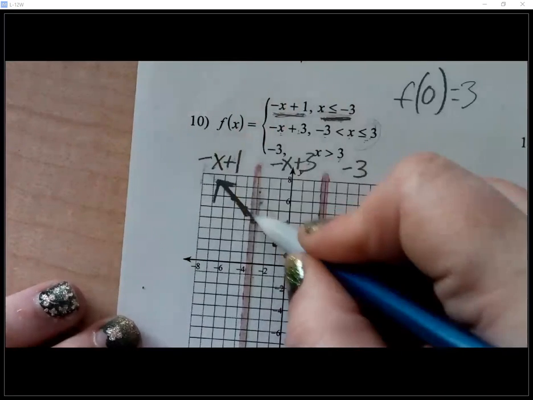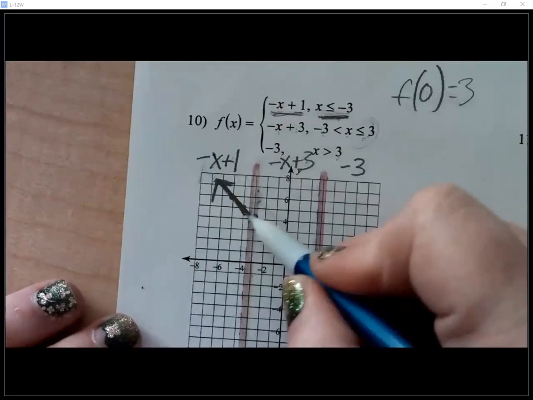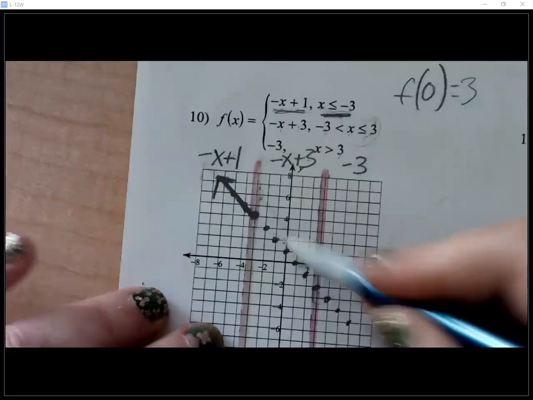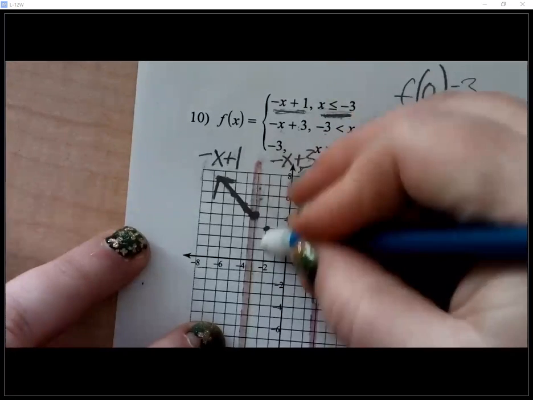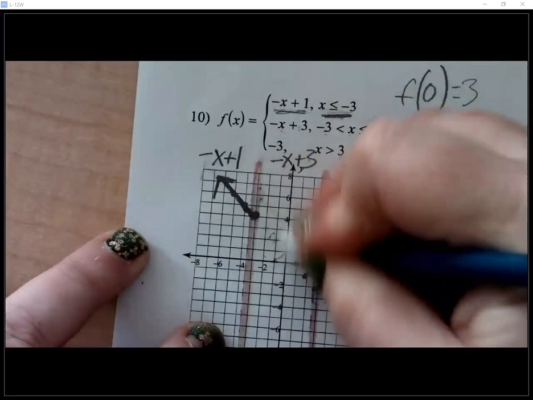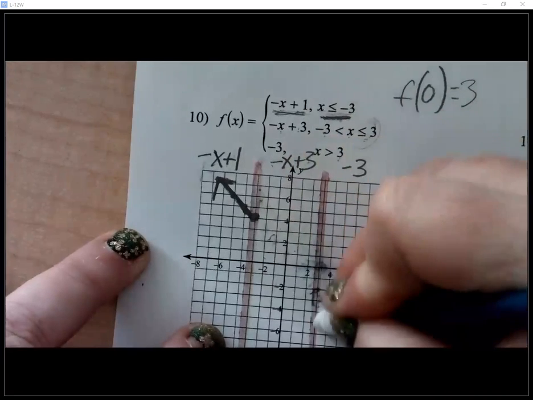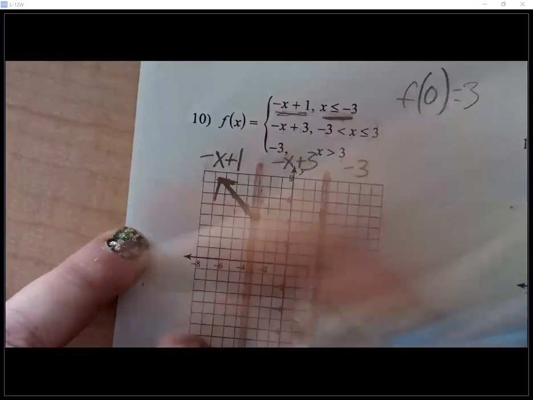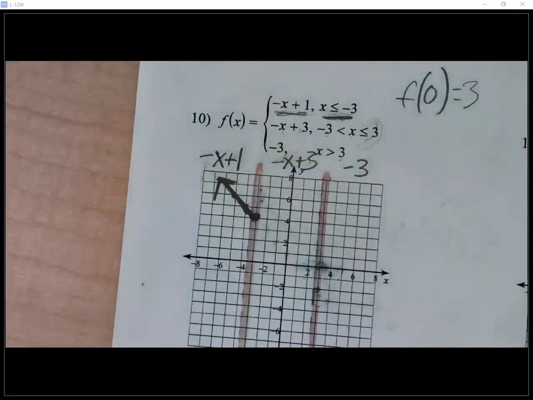And when it hits -3, it's a closed dot because I have that or equal to. All these other dots should not be there. I needed them to figure out where my line goes, but now they're gone. It doesn't exist there. Stop pretending like someone else is the y-axis when it's not. You always start on the y-axis and then go from there, okay?